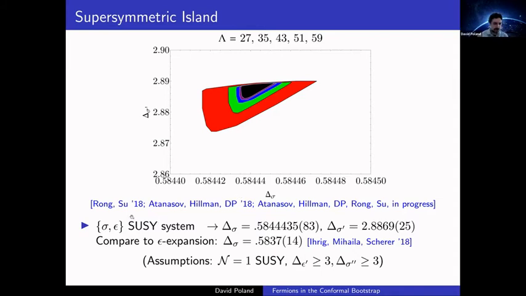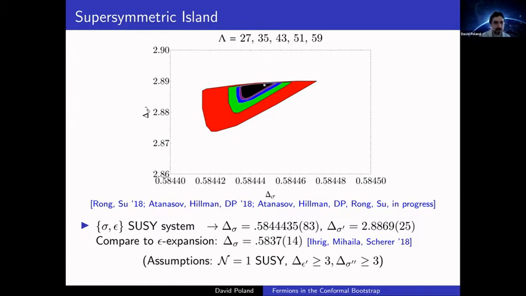By looking at the system of correlators involving sigma and epsilon, this is the same kind of system we used for the Ising model, but also imposing the constraints of supersymmetry, we can make very, very tight determinations of the scaling dimension of the leading scalar sigma, as well as the next scalar sigma prime, which appears above it.